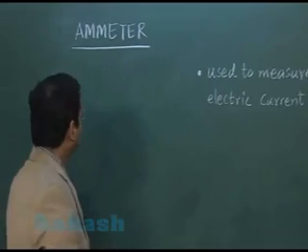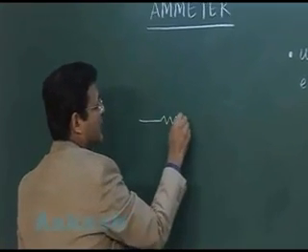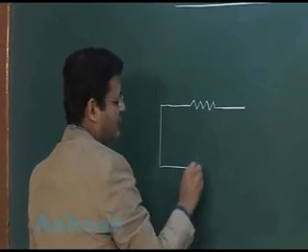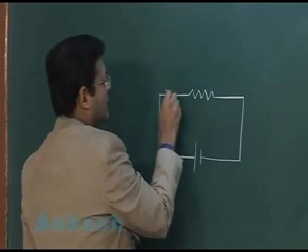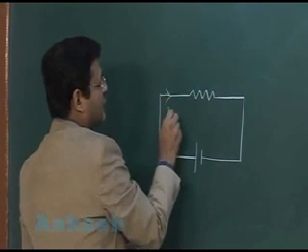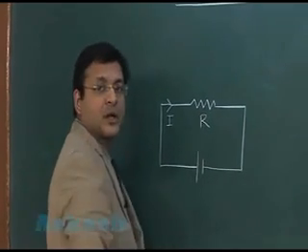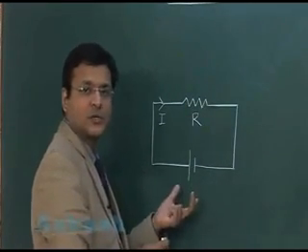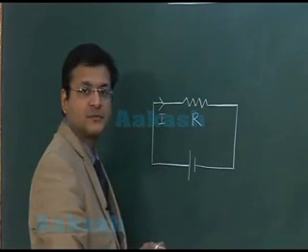Consider a situation in which through a resistor whatever amount of current is flowing, you are expected to find that. Imagine a situation that you have a resistor R connected to a voltage source and current I is flowing into this.